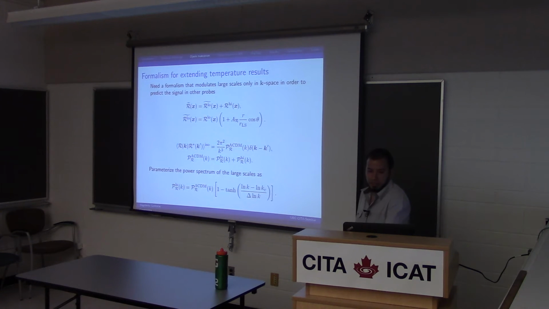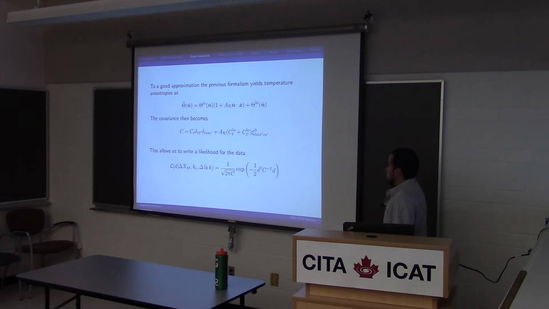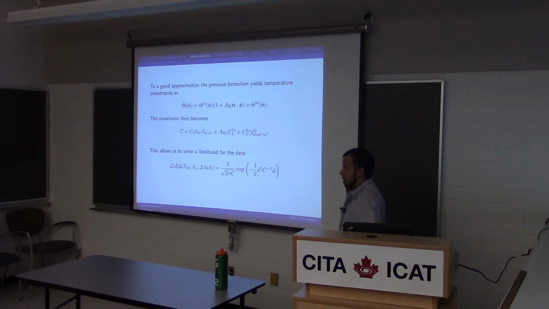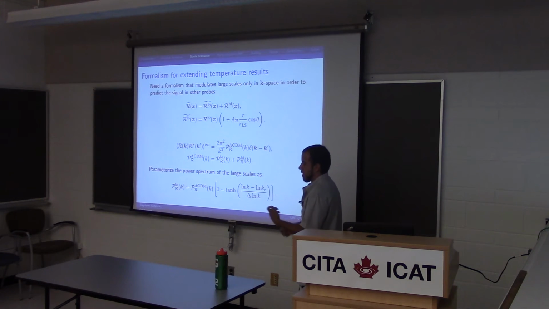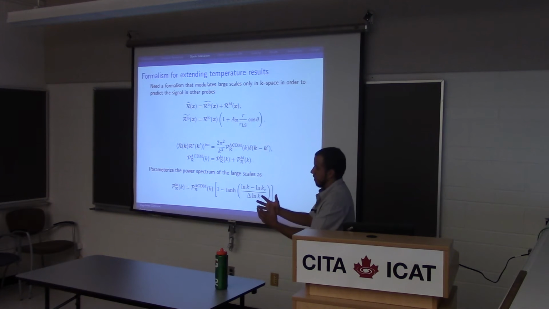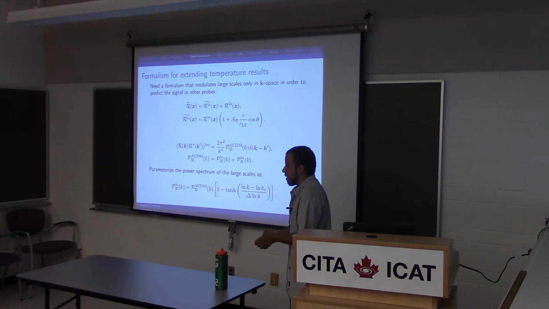Okay. But it doesn't really follow where the structure is. Just some transition, some modes below some K value have a modulation, and above that K value they don't, while what you see in your P value plot is something that's all over the place. Right. So the choice of this is you're trying to motivate with some idea that for some reason the large scales are special, they're modulated in some way.